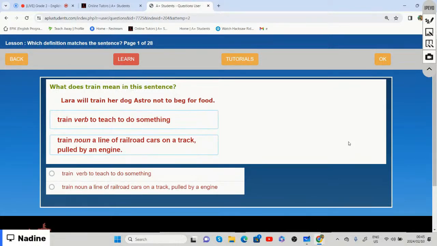So train, is it to teach to do something, or train, a line of railroad on a track pulled by an engine? Is it the vehicle which you can pull by an engine, or to teach to do something?